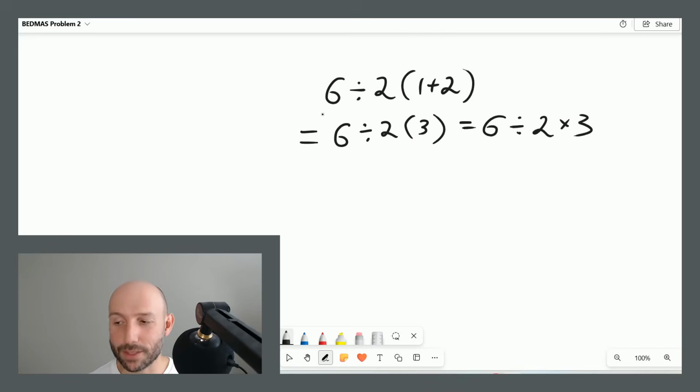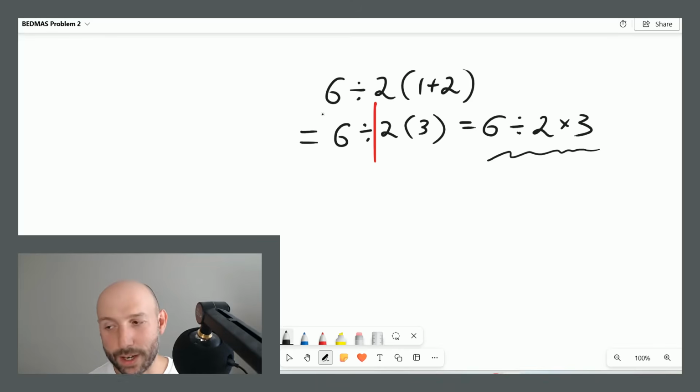And it's something that has to do with the other error we talked about, where people separate the division from the 2. You can't do that. Divided by 2 is one piece of instruction, and you can't just separate them. You should treat this as 6 divided by 2 times 3. You can divide the 6 by 2 first, or you can multiply it by 3 first. Either way, you're going to get a 9.